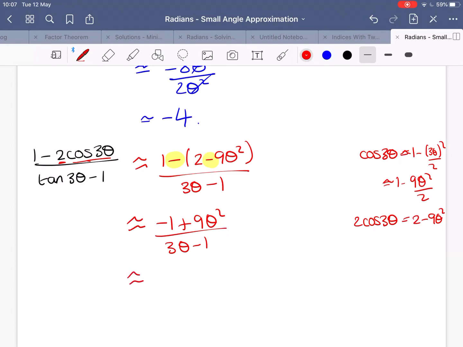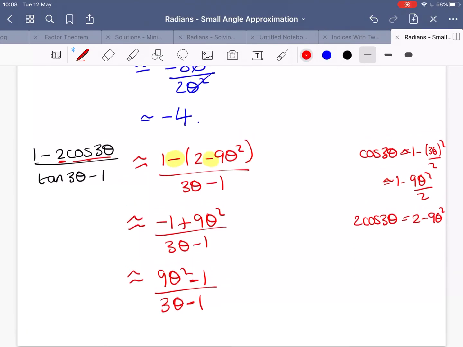Now, I'm going to write that a nicer way round, and hopefully you will see something when I write this, because another thing that they quite often put in these small angle approximations is they want you to notice the difference of 2 squares, so things will cancel down a little bit more.